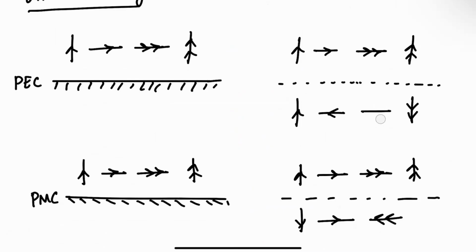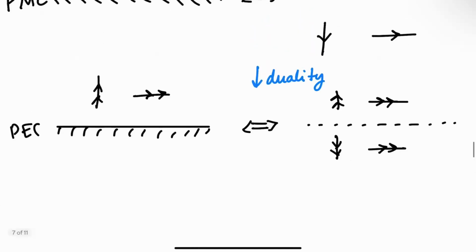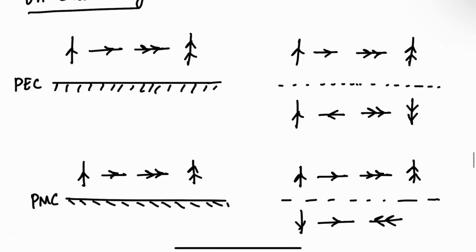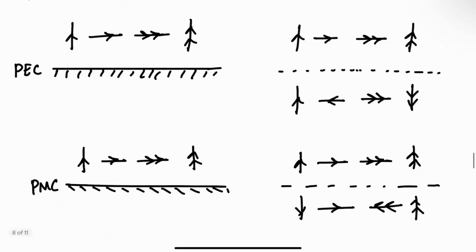That means here they should be in the same direction. Right, magnetic currents with PEC should be in the same direction. Yeah. Okay. And then this one should be going up. Okay. So that's the summary.